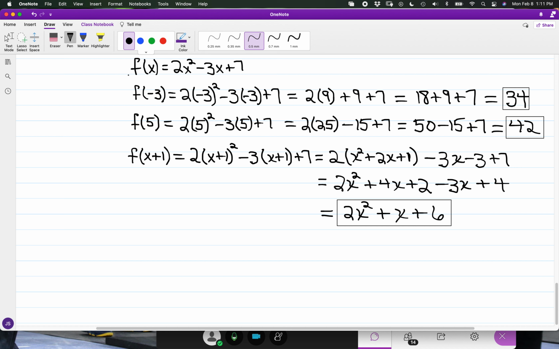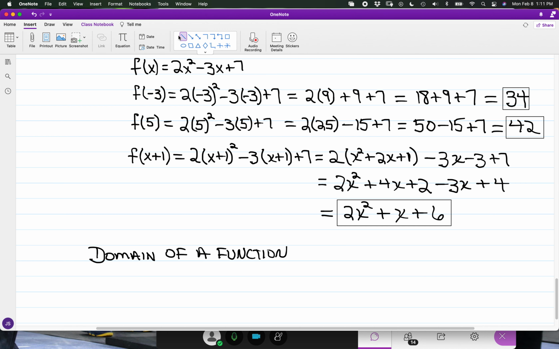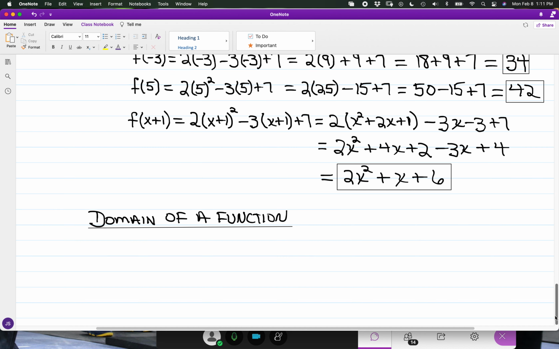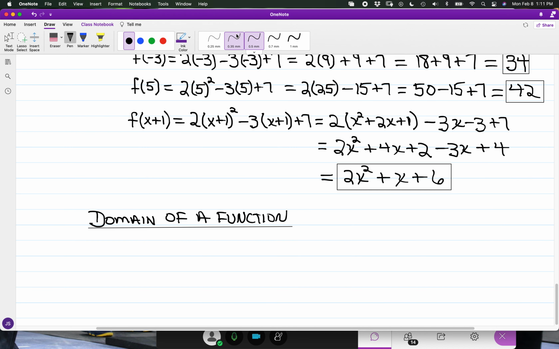And now for the domain of a function, okay, and for this part, we'll be looking at interval notation quite a bit, kind of like some of the absolute value scenarios we drew up, especially with the inequalities.